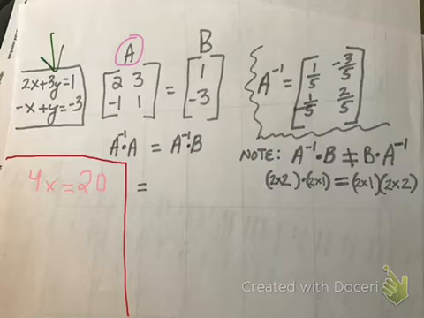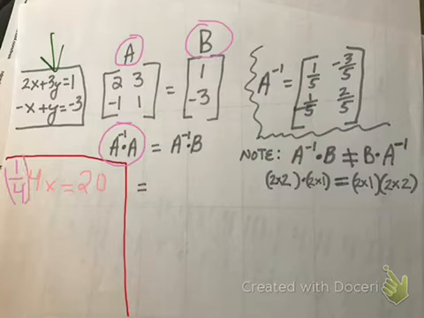We have matrix A. We have matrix B. I can't divide both sides by matrix A. I have to multiply by the inverse, just like when we multiply 4 times 1/4 to get 1x. This thing will cancel each other. They're just going to wipe each other out. So I'm not going to bother multiplying A inverse times A, because I'm just going to get a 1. I'm just going to get x, or my solution.